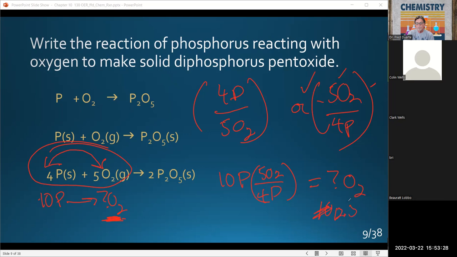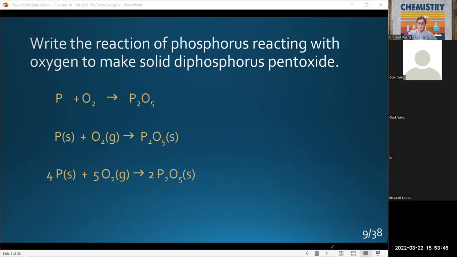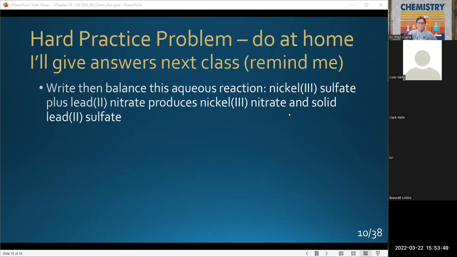About 4 and 5 oxygens are needed if I start off with 10 phosphorus. All right. Any questions so far?